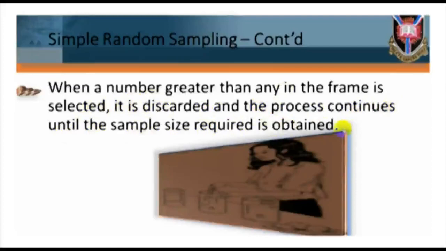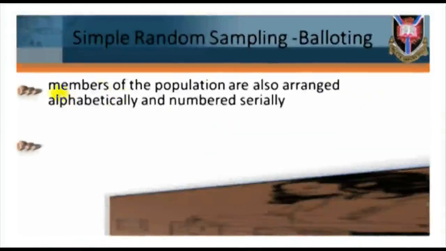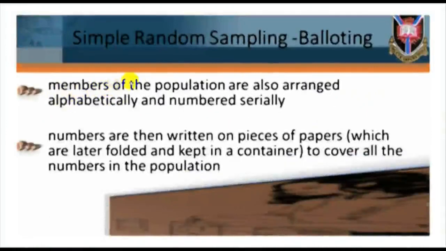Another method of simple random sampling is balloting. By this method, members of the population are also arranged alphabetically and numbered serially. Numbers are then written on pieces of papers to cover all the numbers in the population. Each number that is written on a slip of paper is folded and kept in a container.